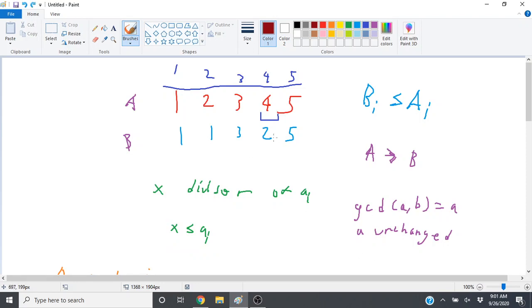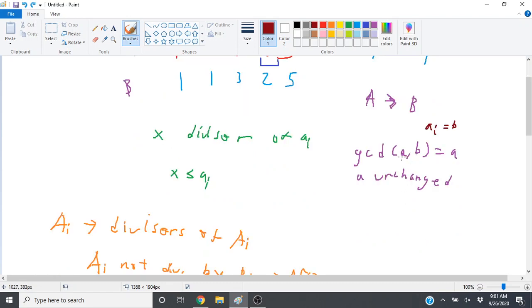And if we say AI is B, then we need to find some A to the left of it where the GCD of A and B is equal to A. Well, this is only true if B is divisible by A. Because if that's the case, then A is the GCD of itself, and also A is a divisor of B. And you can't get any bigger than A because A has to be divisible by it.